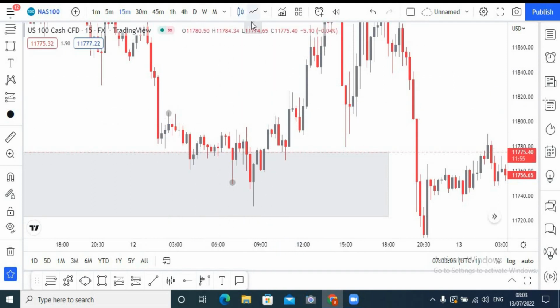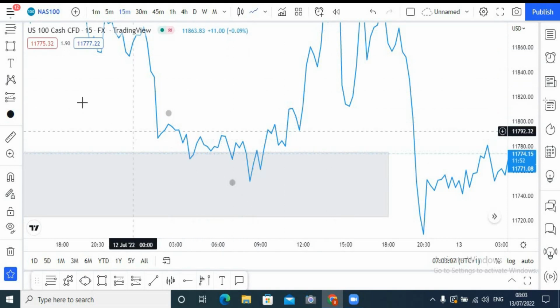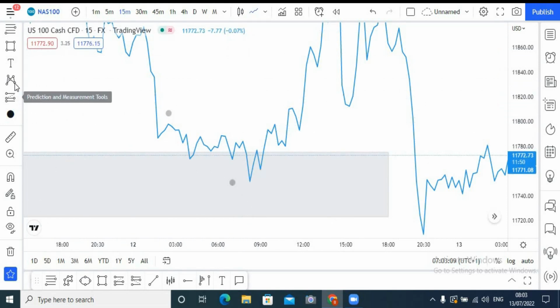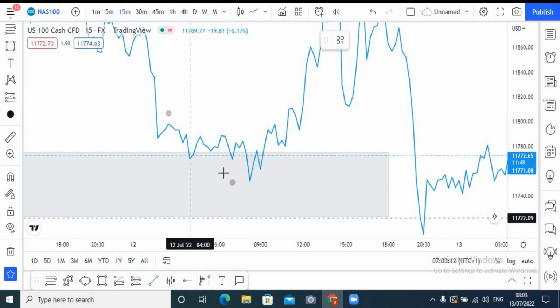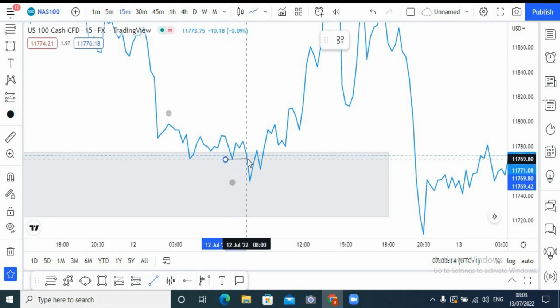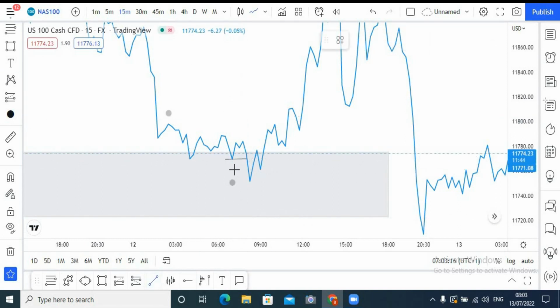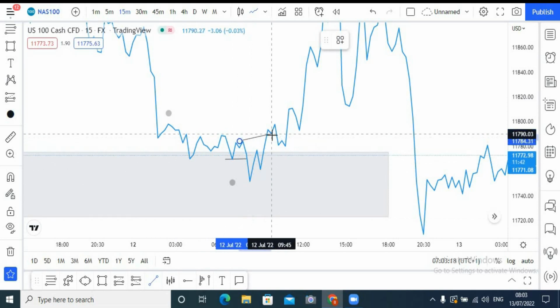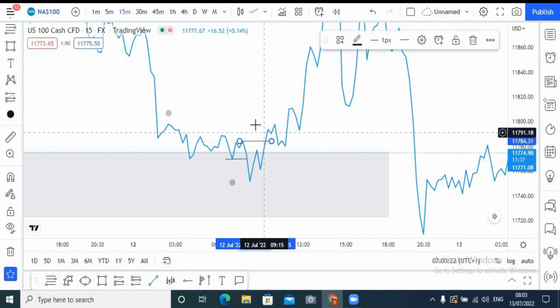So even if you use a line chart, it will now become clean for you to understand. This is our breakout structure, and this will now become a change of what? Change of character, something like this.